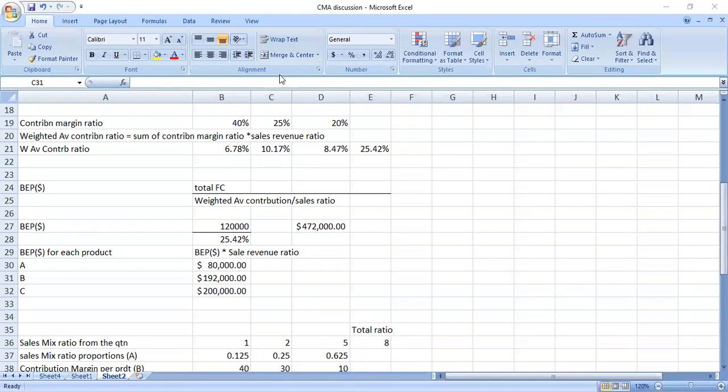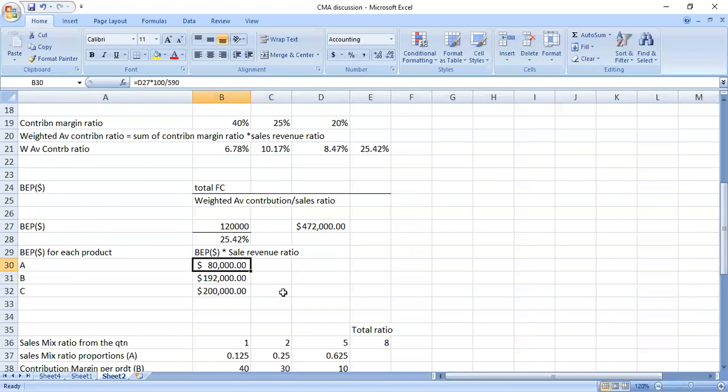To take you back, I wanted to know how you got, for each product, the last part, the break-even point in dollars for each product.